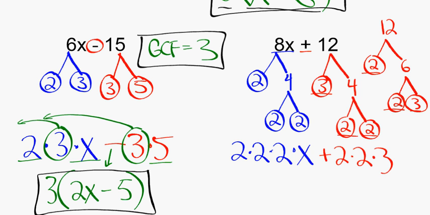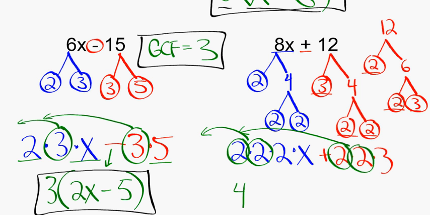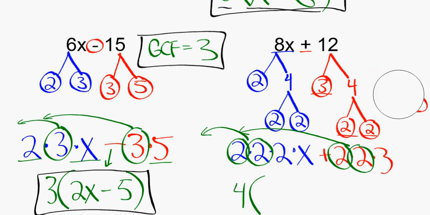So what do they have in common? In this example, not only do they have a 2 in common, but they have a pair of 2's in common. So I'm going to factor out a 2 times 2. 2 times 2 is 4, so that is the GCF. In this example, the GCF equals 4.